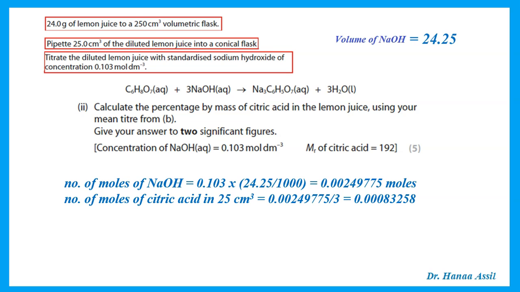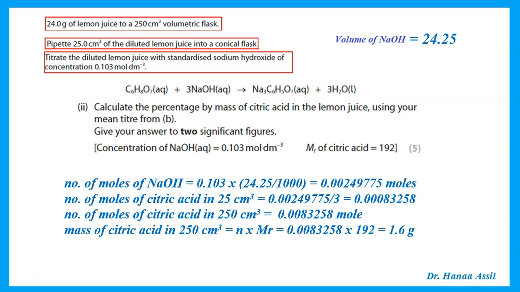But this is the number of moles of citric acid in the 25 centimeter cube that we titrated. We had all our lemon juice in 250. So if this is the number of moles in 25, the number of moles in 250 would be that times 10. Now we have the number of moles and we want the mass in 250.